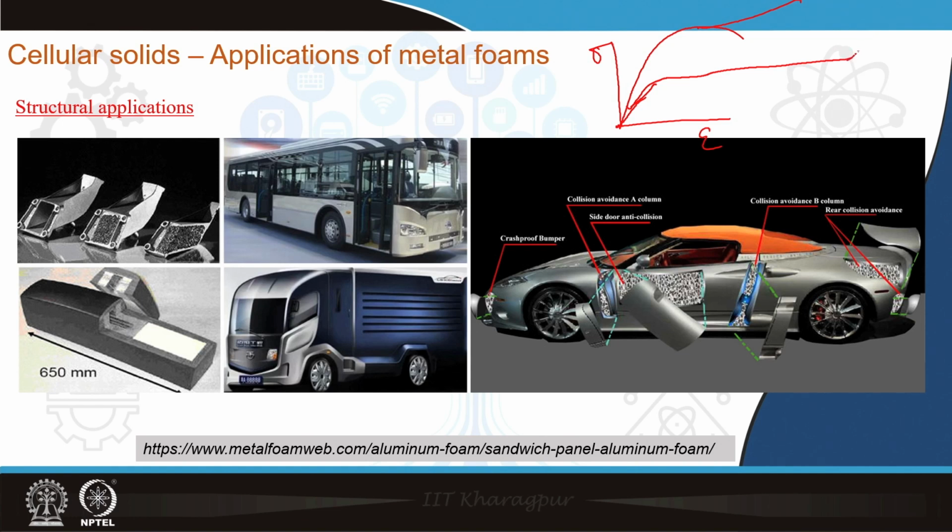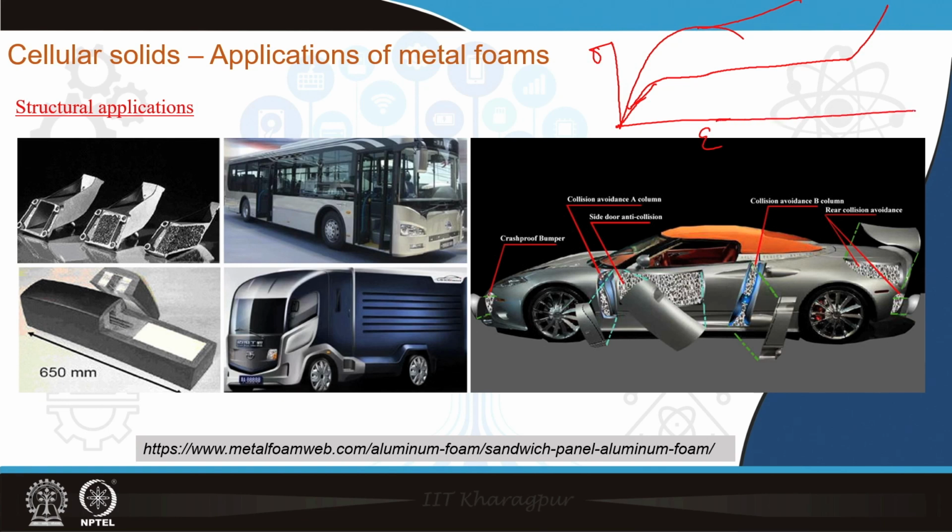After that they will show some kind of densification, when the opposite cell walls start touching each other and the material gets compressed, and then its Young's modulus approaches the Young's modulus of the bulk aluminum or bulk material.